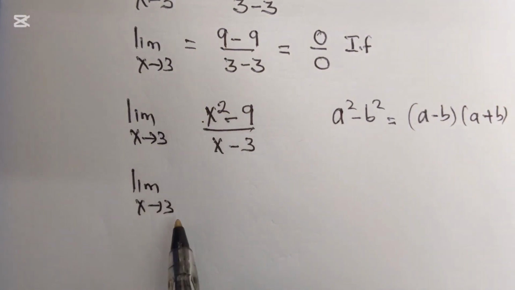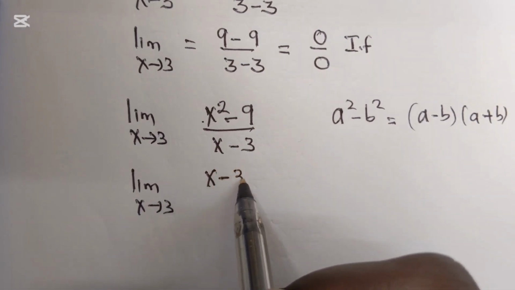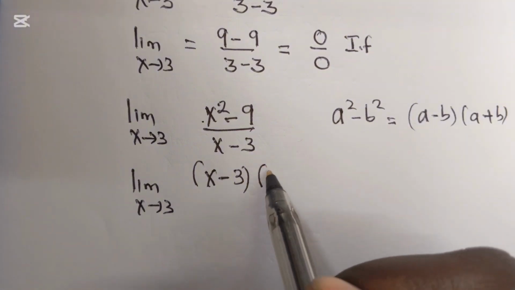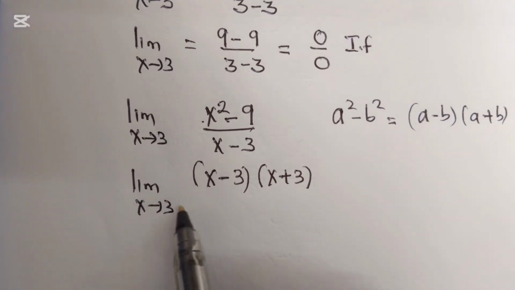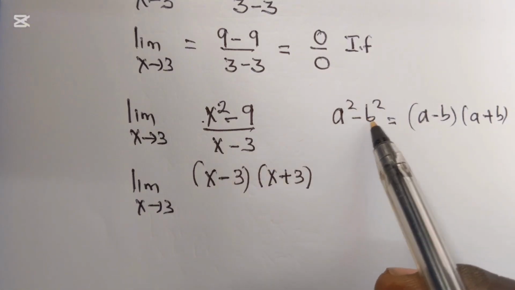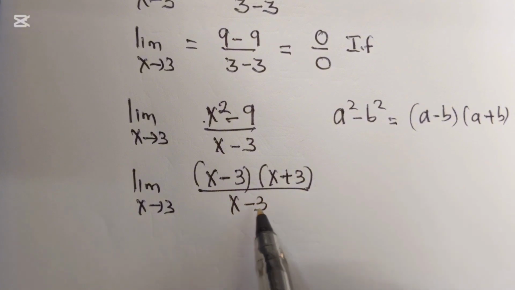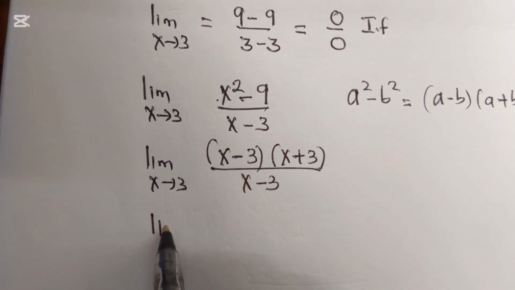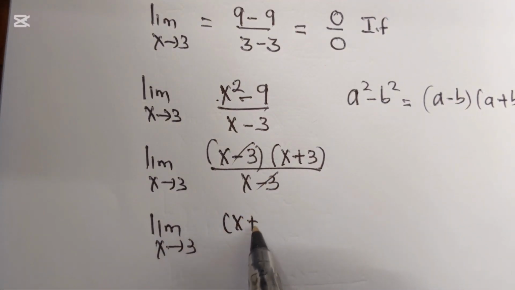We're going to use this formula as x minus 3 and x plus 3, because 9 is 3 squared, over x minus 3. This will help this one to be cancelled, to get limit x approaching 3 of x plus 3.